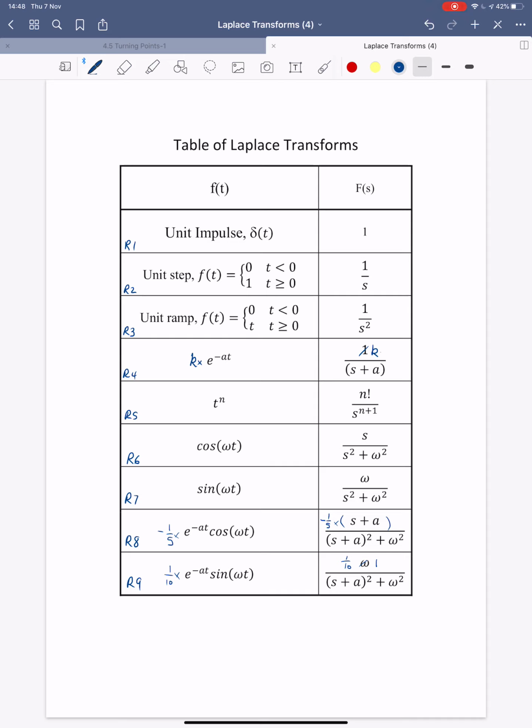So it's row 8 and row 9. Minus 1/5 s over s squared plus 1 is row 8, with a is 0 and omega is 1. And the other bit, 1/10 over s squared plus 1, is row 9 with a is 0 and omega is 1 again.